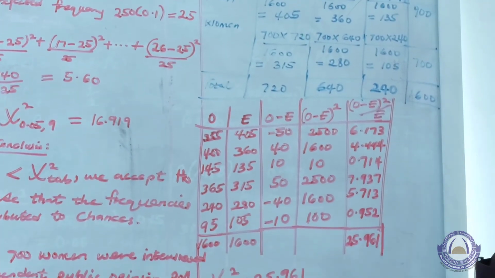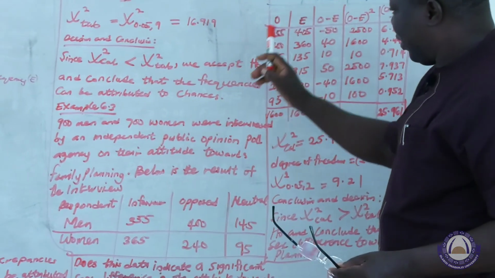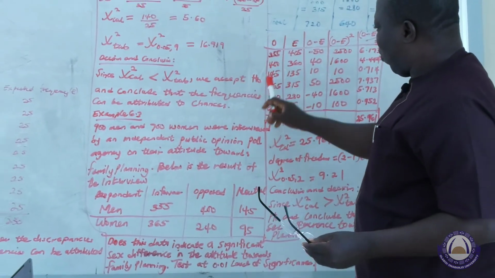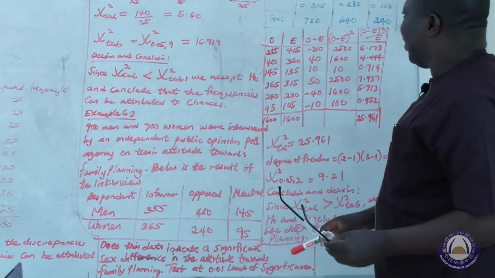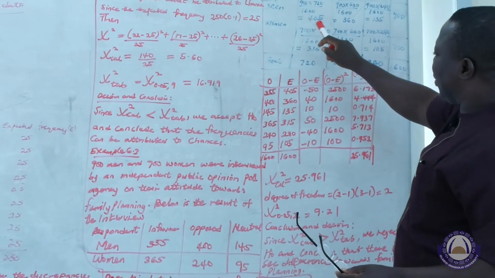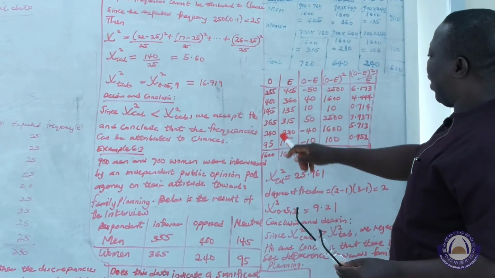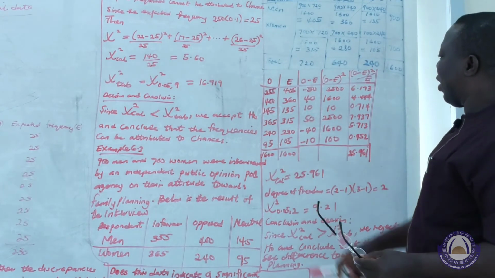In the chi-square table, we have the observed values from the question: 355, 400, 145, 365, 240, 95. Then we go to the computed expected values: 405, 360, 135, 315, 280, 105.